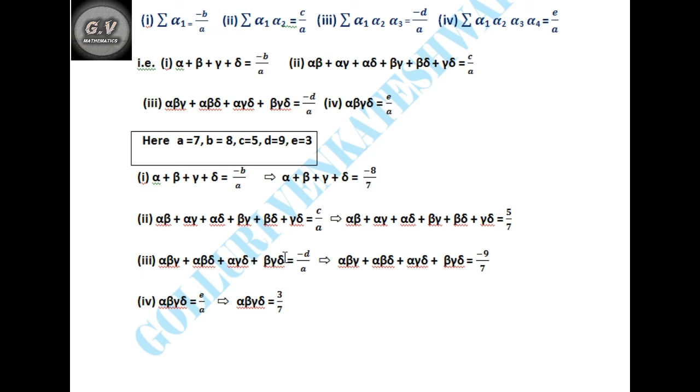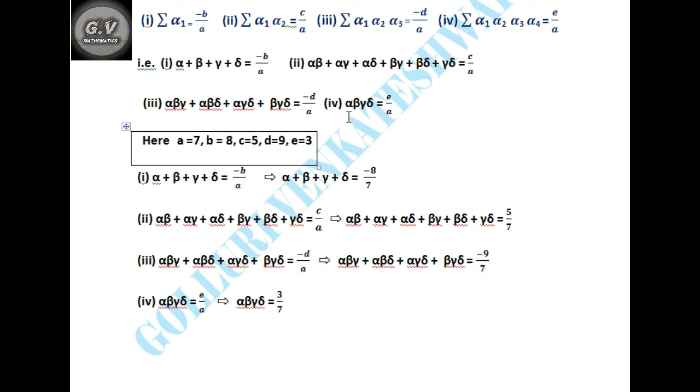The sum of all the possibilities of product of 3 zeros taken is minus d by a. So we need to change the symbol of d. D contains a positive term, that's why we change the symbol of d. The d value plus 9 becomes minus 9 by the a value 7, minus 9 by 7.